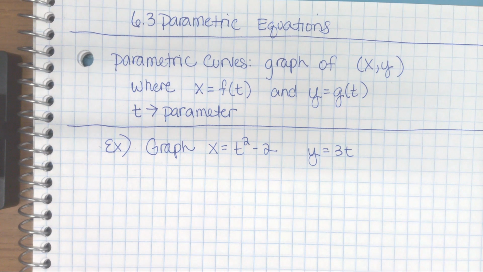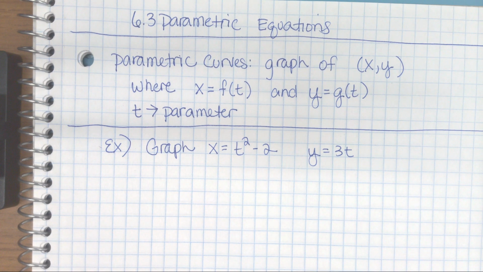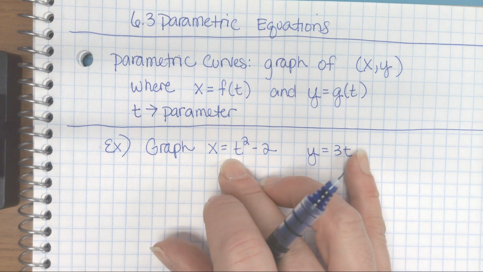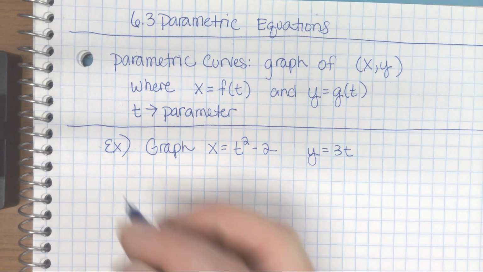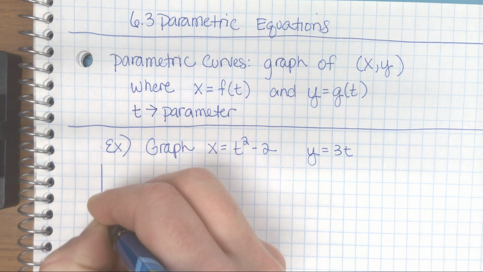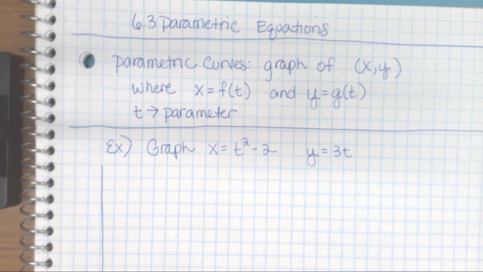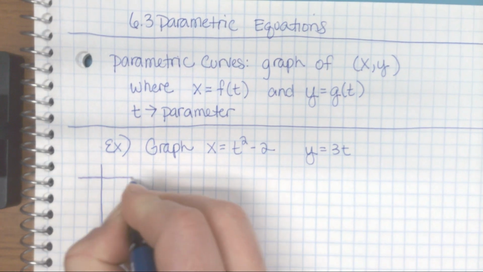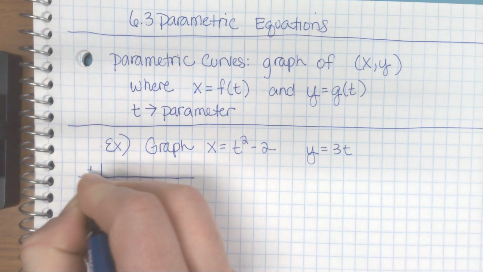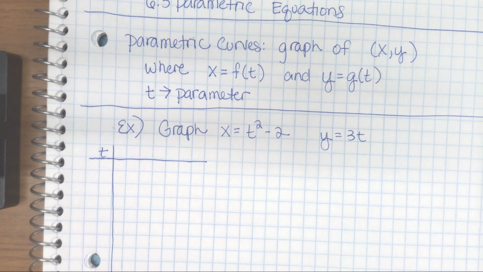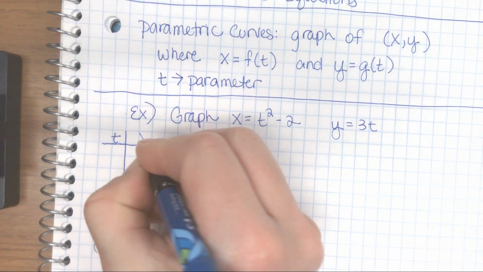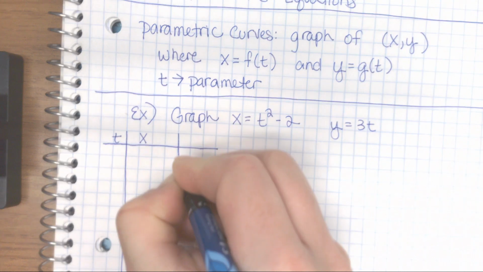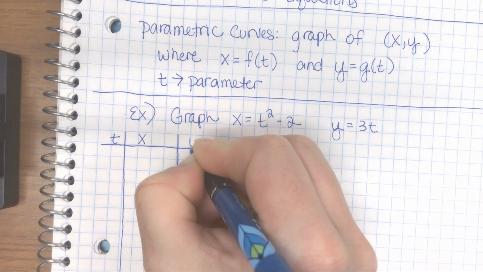So the weird thing about this is I have to figure out what I'm going to pick for t. So we're going to make a chart of values. Go ahead and make a table. And instead of just x and y, we're going to have a column for t, a column for x, and a column for y.